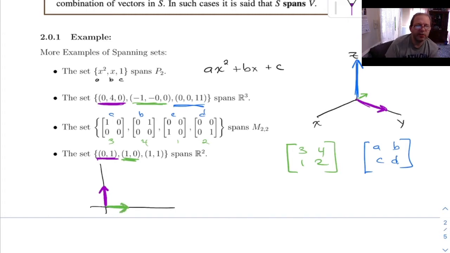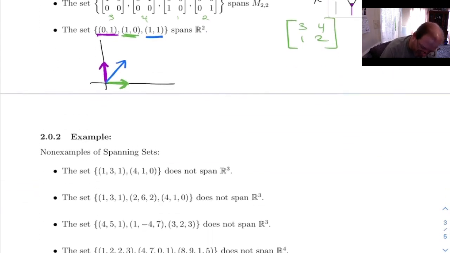And if I stopped here, this is already enough to get everything in the plane, because we can easily take linear combinations of these guys and get anything. So that's already enough to span the plane, but we've got another vector here that points up to 1, 1, and it's fine to have that in there too. It's not necessary to have a third vector, but we've got it, and we'd still say that this set spans the plane.